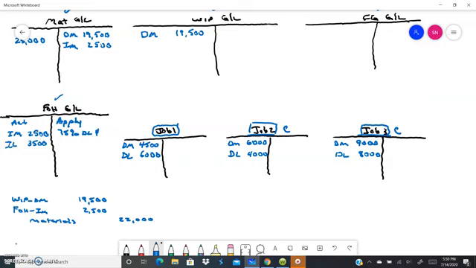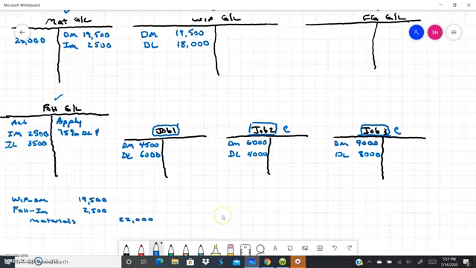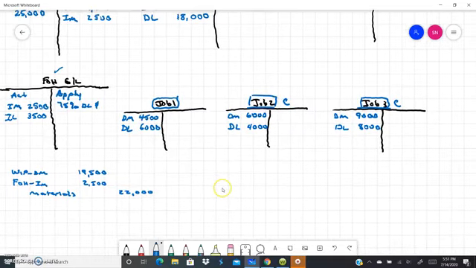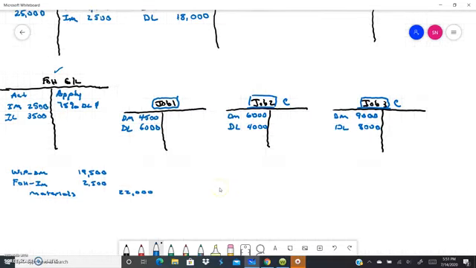So the entry we would make here, so let's first of all add up direct labor. That would go into our work in process account. So it's the $6,000 in job 1, the $4,000 in job 2, and the $8,000 in job 3. So that's a total of $18,000 that would go into our work in process account. And it's in our individual jobs. So the entry we would make there, and I'm just going to scroll down a little bit, would be to debit work in process.